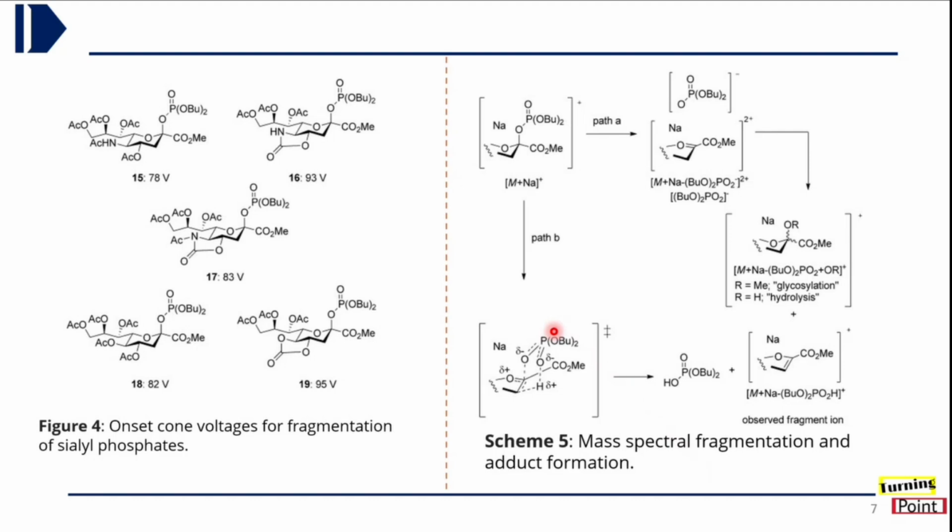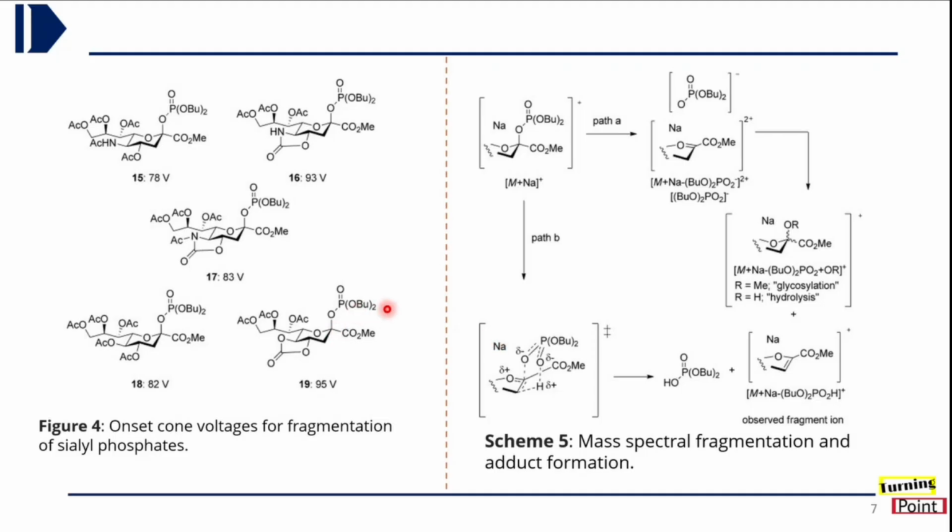As we know, the moment the cone voltage increases, the fragmentation pattern will change. So initially, when they irradiate with 40 volts of cone voltage, they observe the M plus Na peak, but there is no fragmentation.